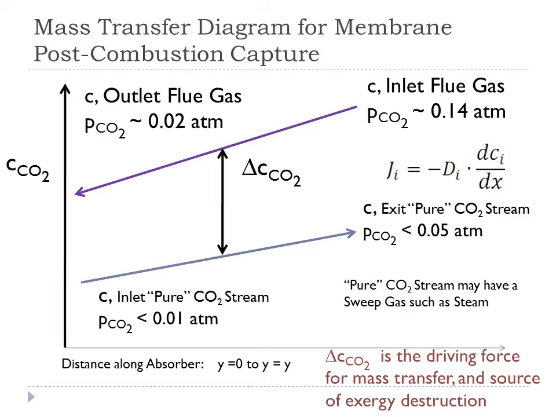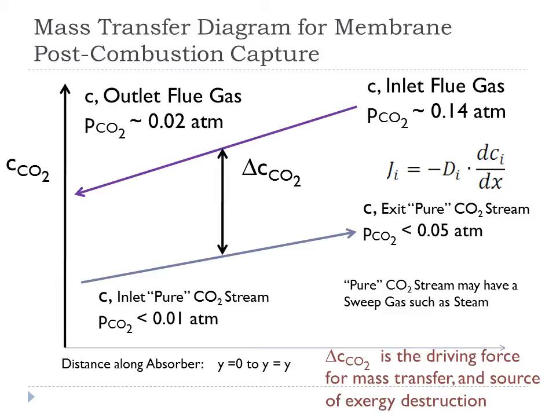So that line can go all the way down to 0.000, which means the pinch point partial pressure difference on the left side of this is about 0.02 atmospheres. Not a very large number, but it's greater than 0.